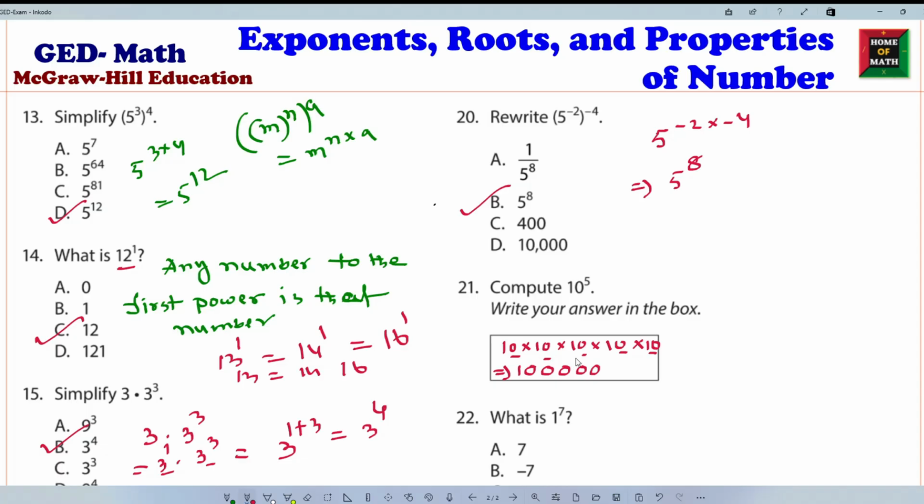So 10 to the fifth is 1 followed by 5 zeros. Okay, so here is 1 and we can write 5 zeros because the power is 5.